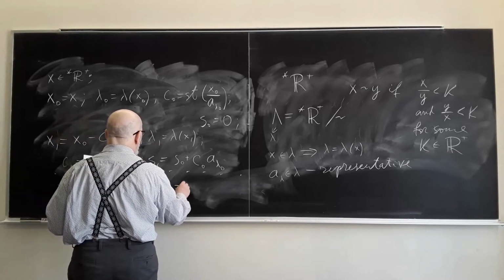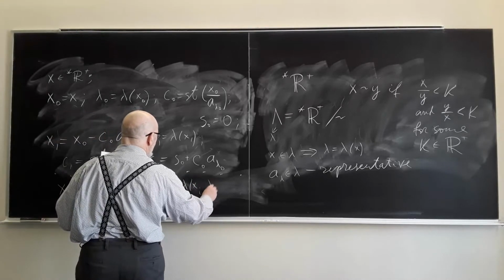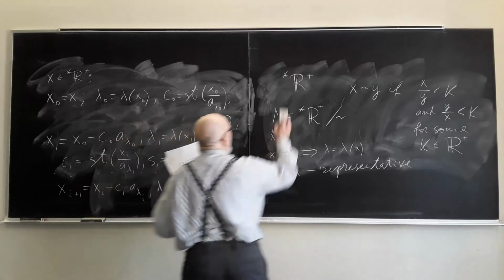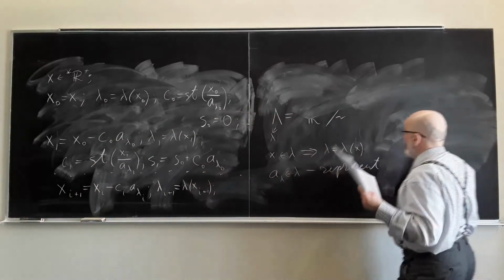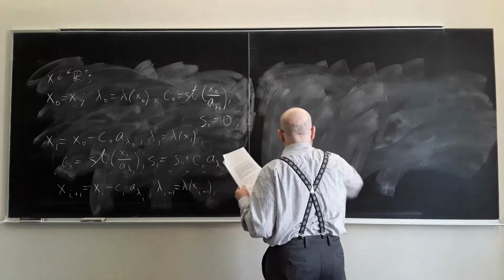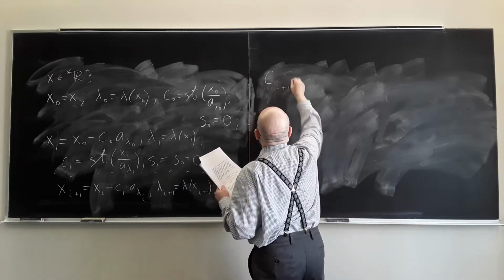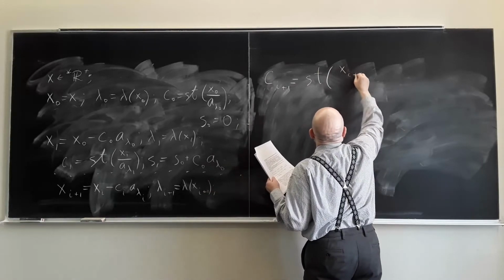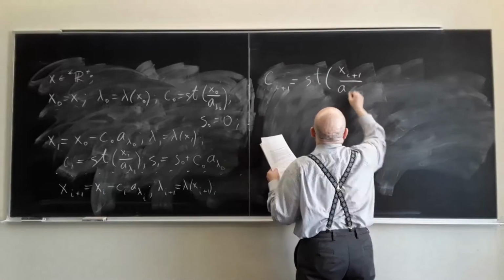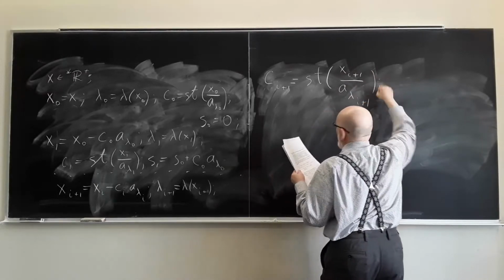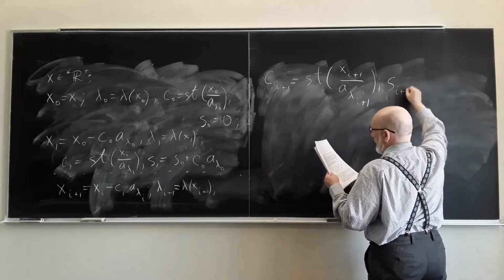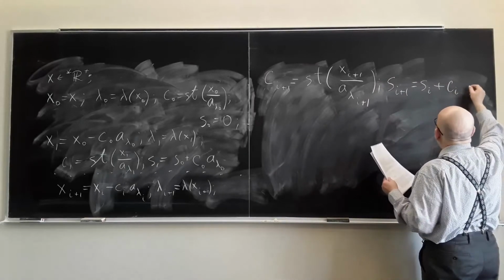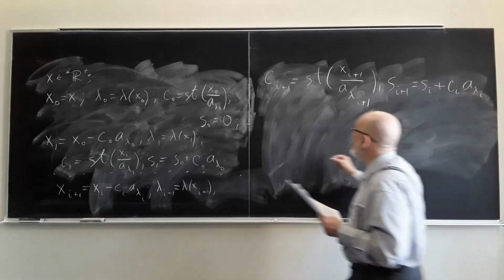Lambda i plus 1 is lambda of x i plus 1. c i plus 1 is the standard part of x i plus 1 divided by a lambda i plus 1, and s i plus 1 equals s i plus c i a lambda i, and so on.